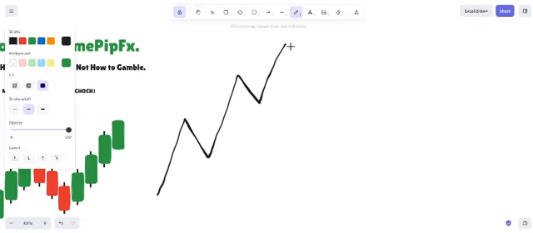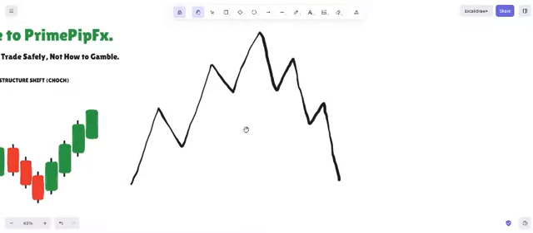But at a certain point, market shifts its trend. If it was going bullish before, then market will start coming down. This phenomenon of changing its direction from bullish to bearish is known as change of character or market shift.